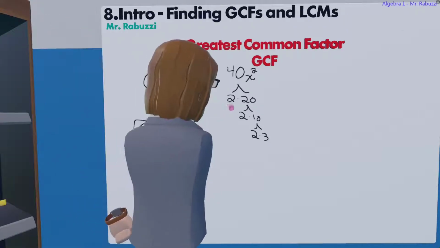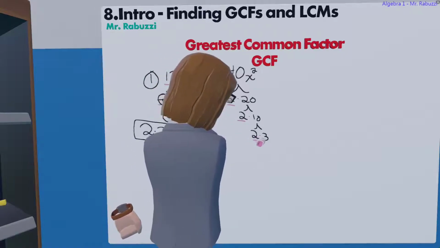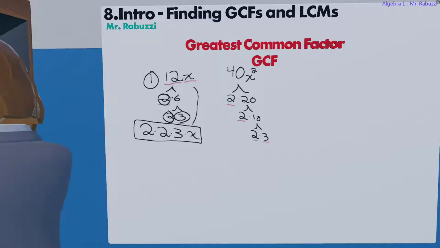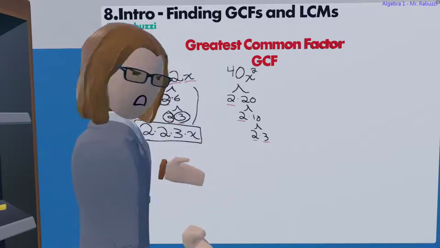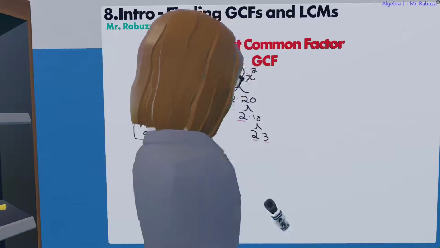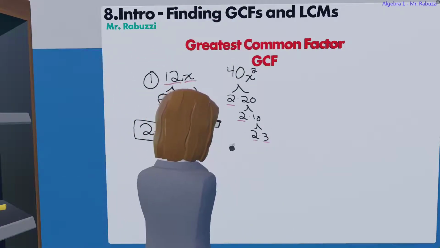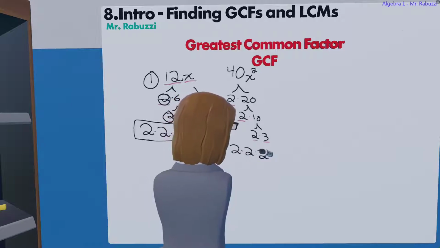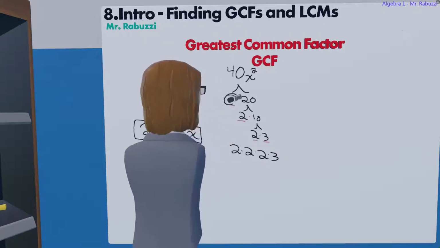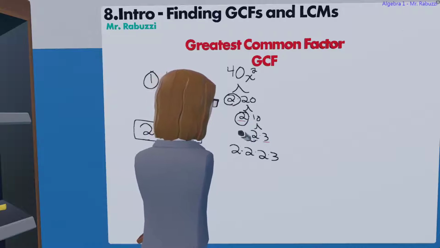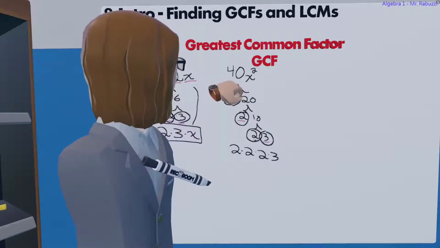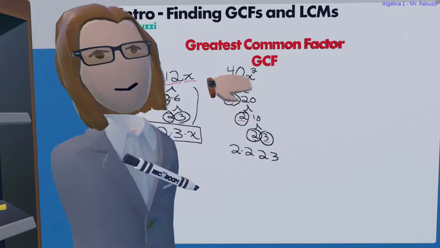Okay, so 2 is prime, 2 is prime, 2 is prime, 5 is prime. So we have a 2 times a 2 times a 2 times a 5. This one, this one, this one, and this 5. Okay. Now we need to split up the x squared.